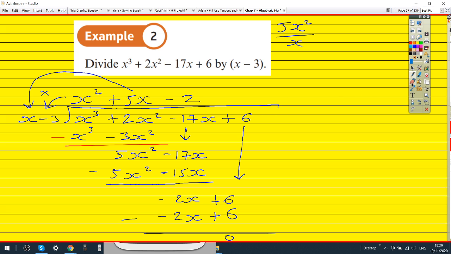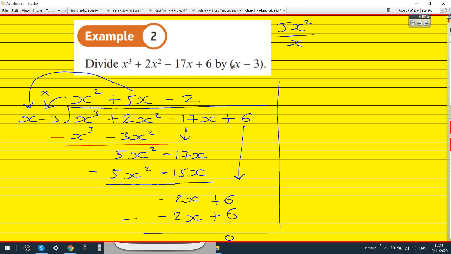So actually it would have factorized, but that'd be a bad habit to get into. And so what is our answer? Remainder of 0. Where does the answer go in regarding the bus shelter?